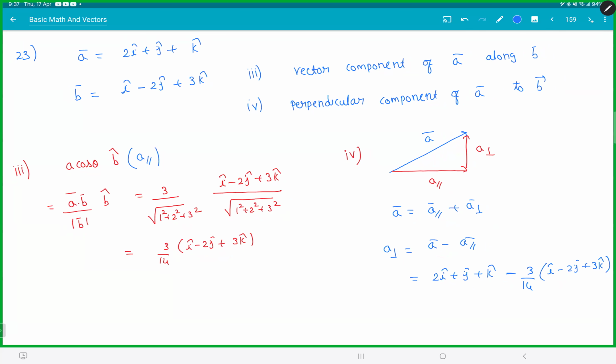Is the logic making sense? Instead of using all those complex formulas, understand the crux of it. How many formulas will you remember? And how much is this if you simplify? 14 into 2 is 28 minus 3, 25 i cap. 14 plus 6, 20 j cap. 14 minus 9 plus 5k cap, all by 14. That's your answer.